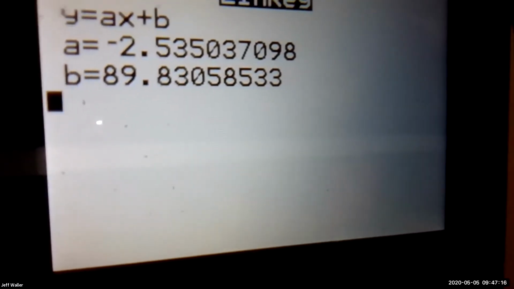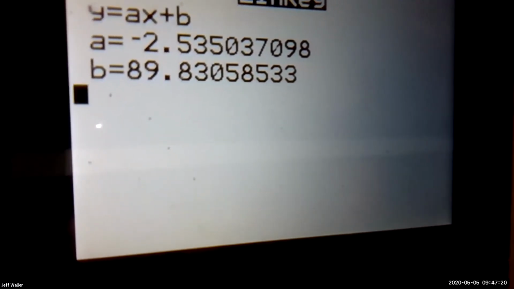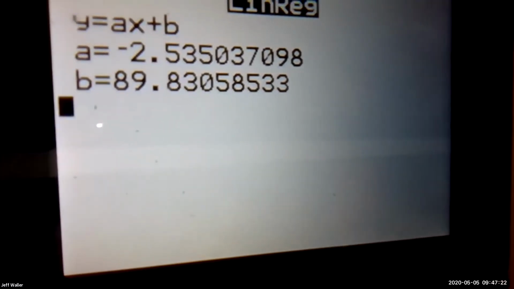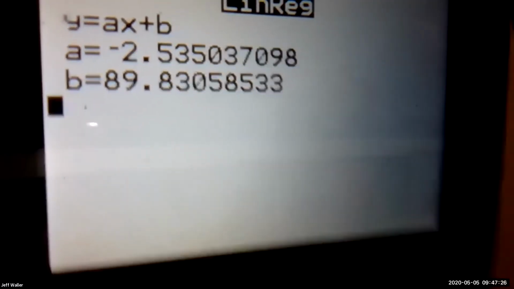Negative 2.54, and then the y-intercept, $89.83, yeah, okay. But that's still not satisfactory. I want those R's. And Jeff, I saw you got those R's, and now you took them away. What's wrong with you?